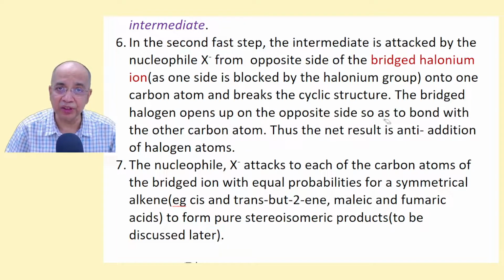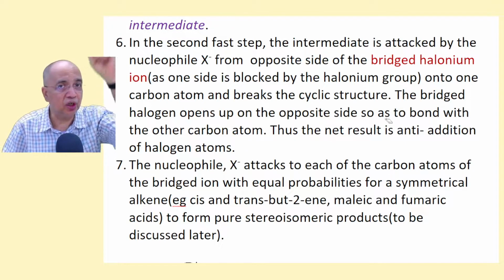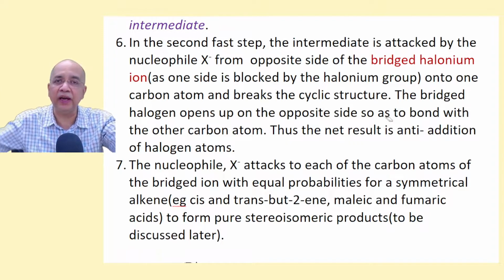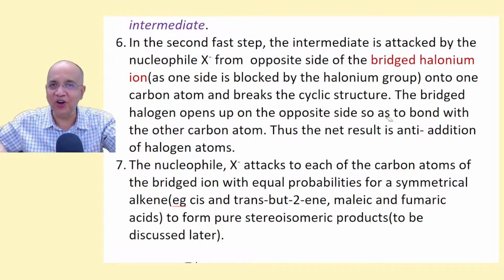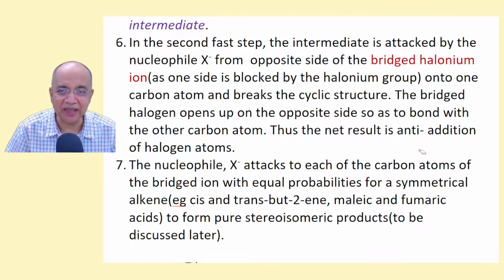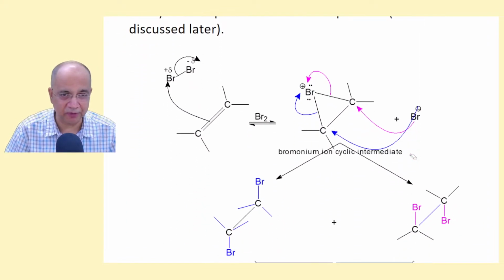That halogen which was forming the bridge now joins with the other carbon atom, opposite to the nucleophile joining on the first carbon atom, right? Thus, the net result is anti-addition of halogen atoms. I show you now here.